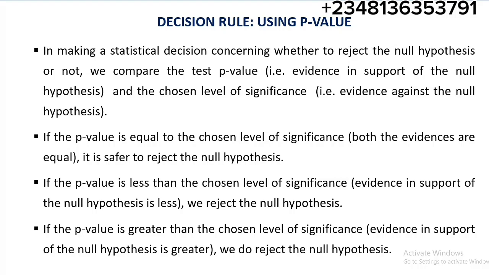But if the p-value is less than the chosen level of significance, that is, the evidence in support of the null hypothesis is less, we reject the null hypothesis. And lastly, if the p-value is greater than the chosen level of significance, in this case, the evidence in support of the null hypothesis is greater, we do not reject the null hypothesis.